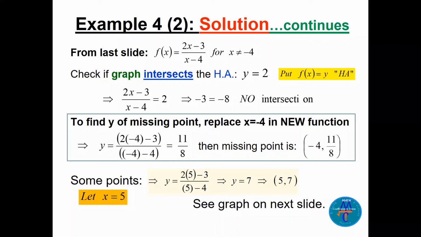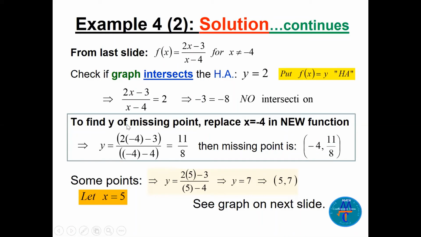Now we need to check if the graph intersects the horizontal asymptote, y equals 2. As we mentioned before in step number 4, 2x minus 3 over x minus 4, the function after simplification, is equal to 2. Cross multiply, you get 2x minus 8 equal to this one. So minus 3 is equal to minus 8, no intersection, because this equation is not correct.